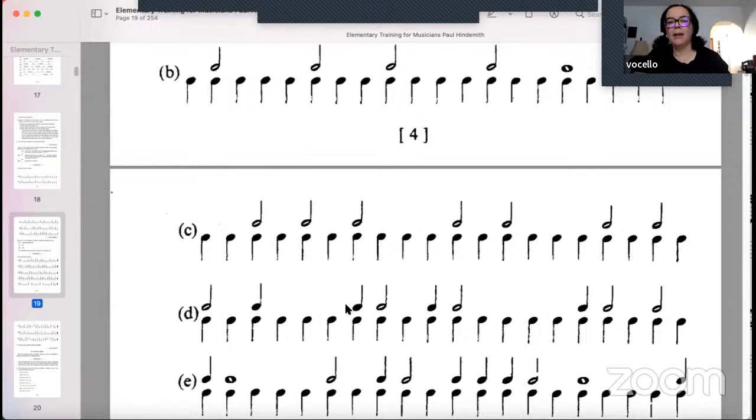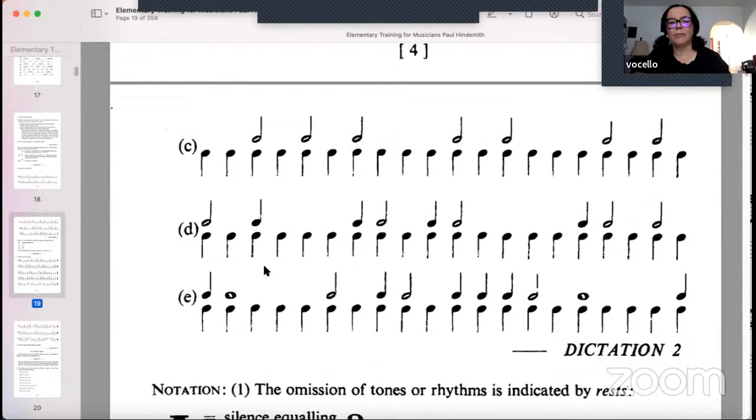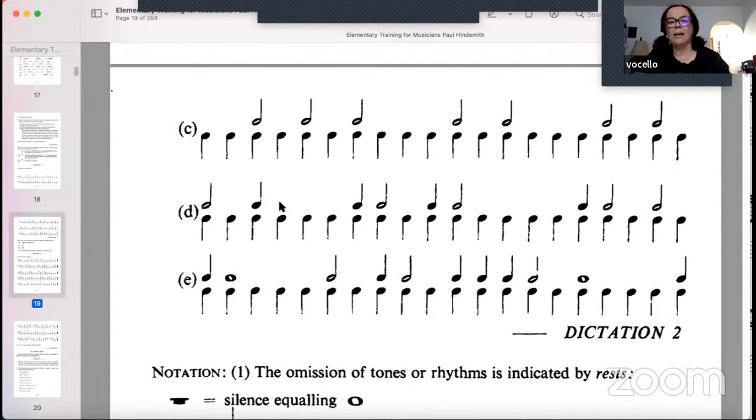Ta, ta, ta, ta, ta, ta, ta. Letter D. Ta, ta, ta, ta, ta, ta, ta, ta, ta.